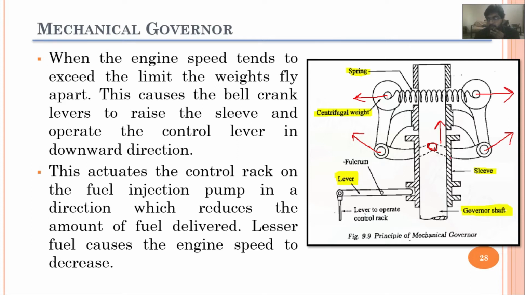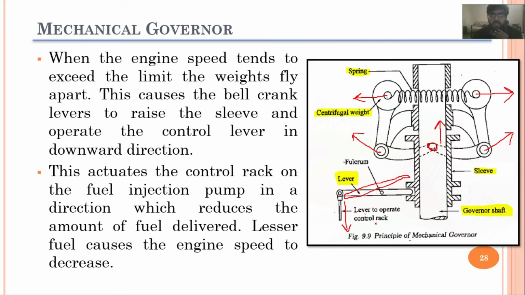and when the sleeve moves upward, it will operate this lever, and therefore the position of the lever would now be like this, and because of the movement of this lever, which is operating the control leg, it has now moved downward.